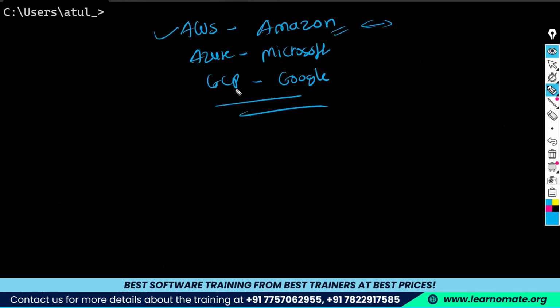If your company is partnered with Microsoft and they want to provide cloud services to clients or customers, in that case they will use Azure. So depending on company culture and partnership, you can have various cloud platforms in the organization. But for this course, we will learn and mostly focus on AWS as it's the market leader.